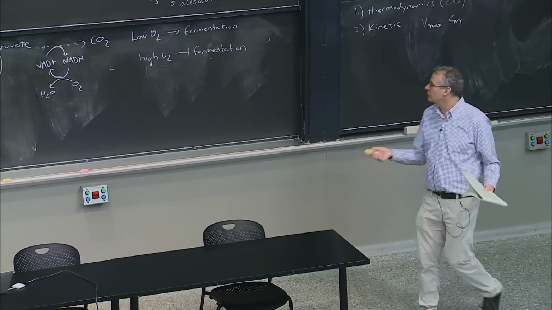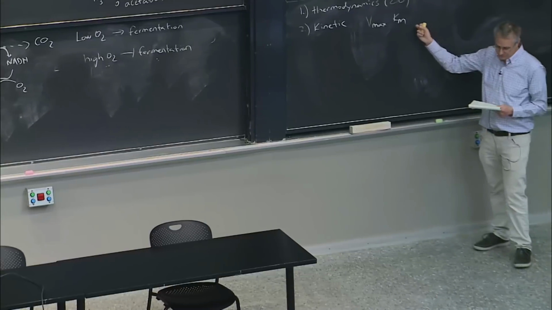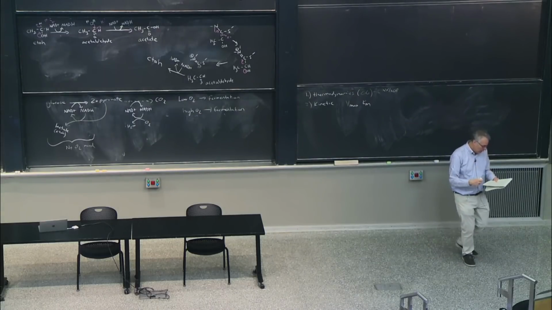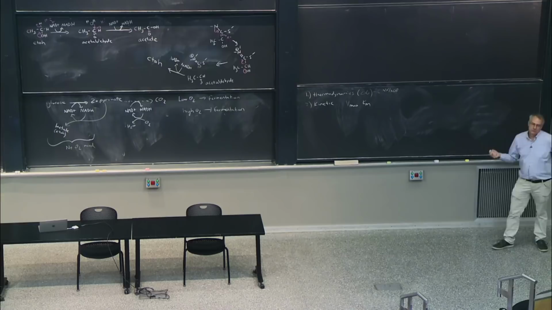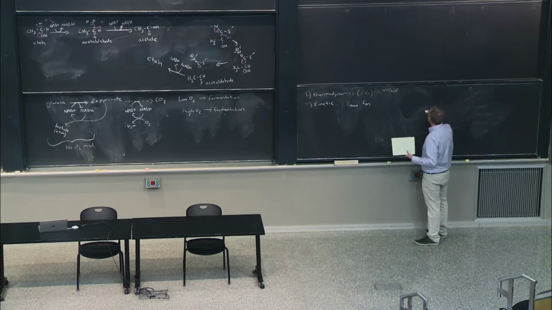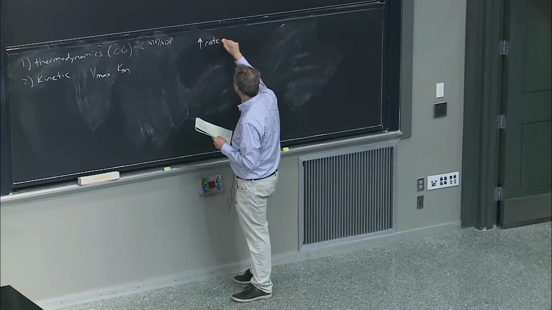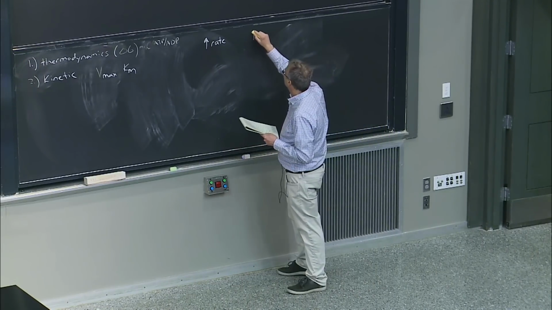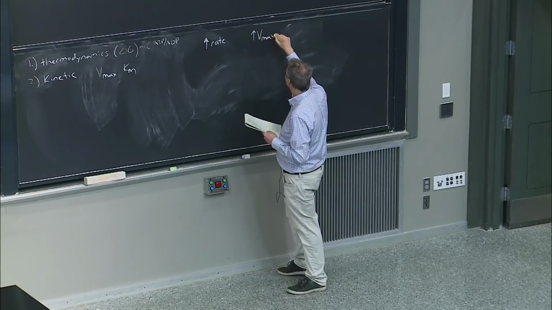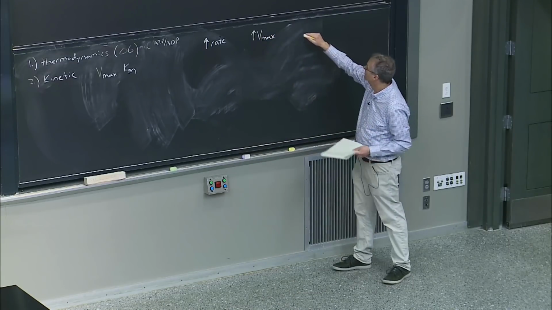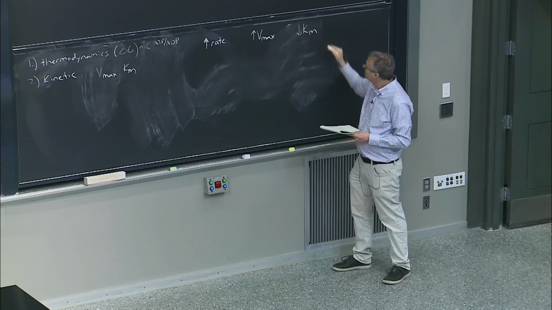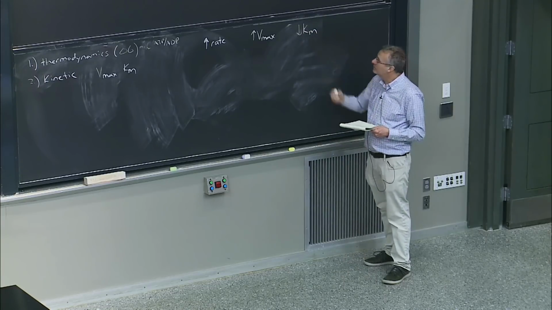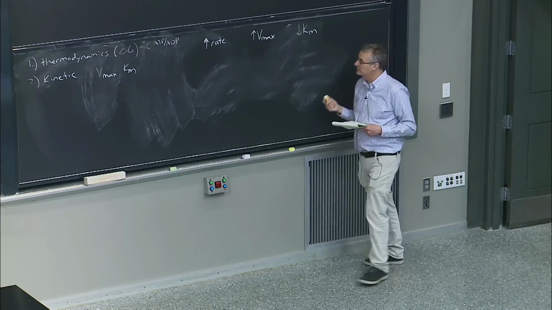All right, now if we're going to control things at the level of enzymes and rate, how can we control the rate of a reaction? That is, how can we control enzyme kinetics? Well, if you remember from Professor Yaffe's lectures, you can increase the rate of a reaction that is catalyzed by an enzyme by increasing the Vmax of that enzyme, or if the substrate concentration is close to Km, by lowering the Km of that enzyme.